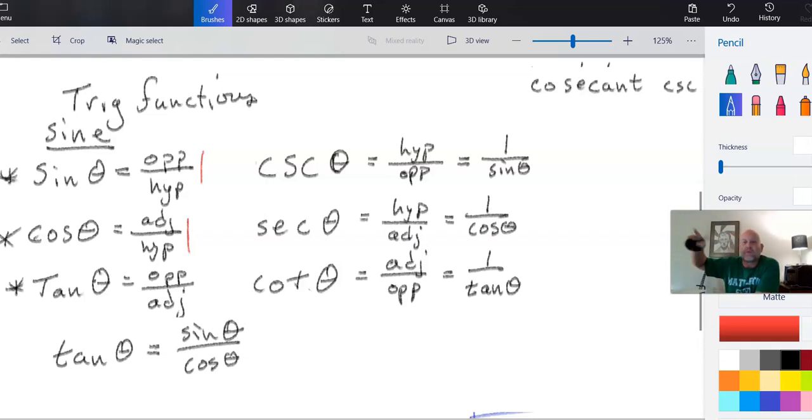When you flip and multiply, part of it cancels out and it comes back down to tangent. And if this is true, that also means that cotangent is cosine over sine.